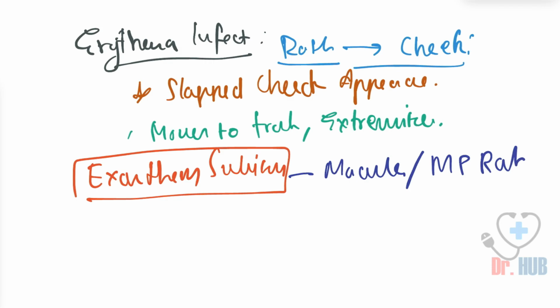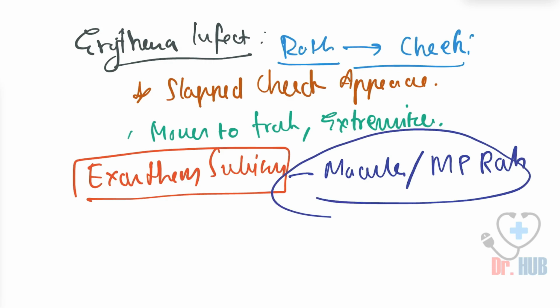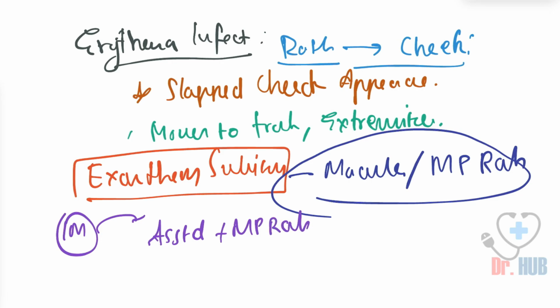And next we also look at infectious mononucleosis. Infectious mononucleosis is associated with a maculopapular rash, the MP rash.